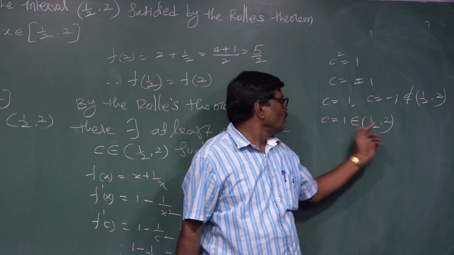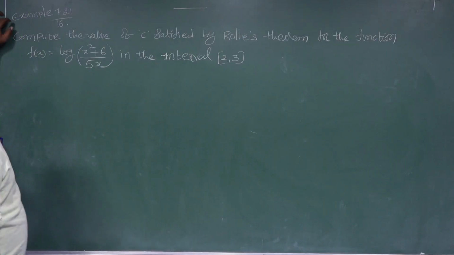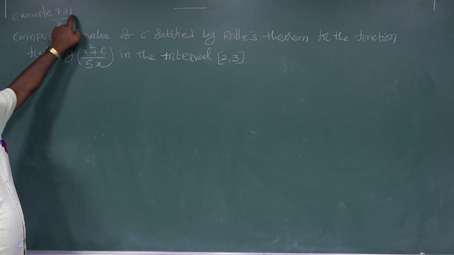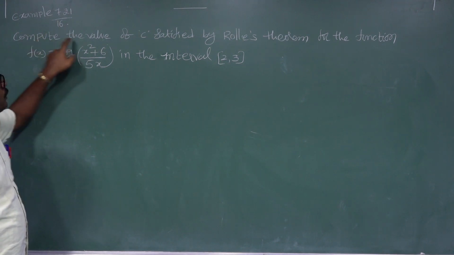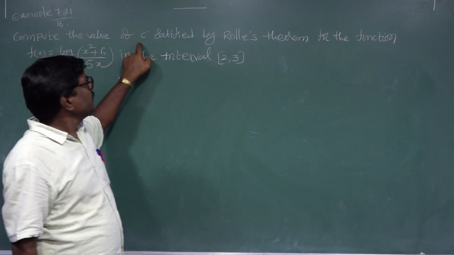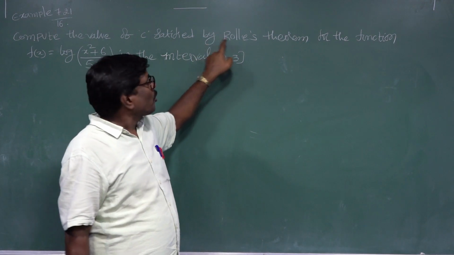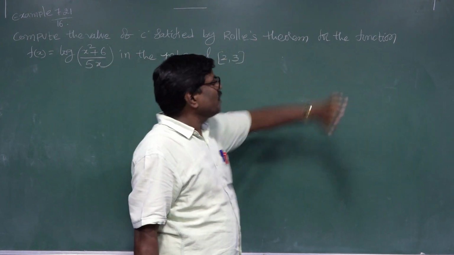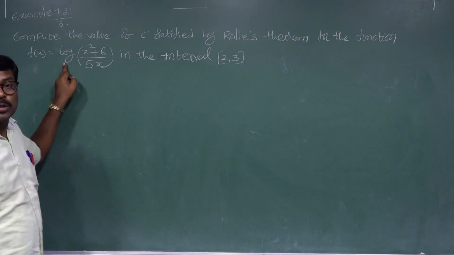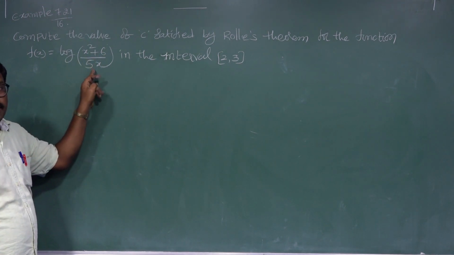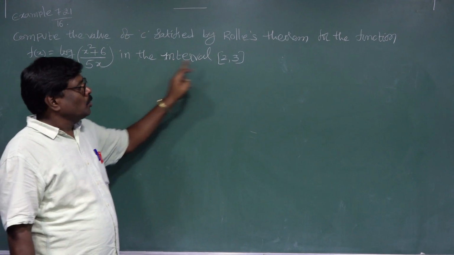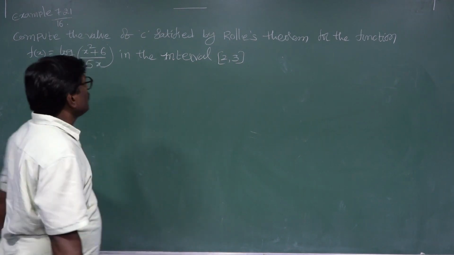Example 7.21, page number 16. Compute the value of c satisfied by Rolle's theorem for the function f(x) = log((x² + 6)/(5x)) in the interval [2, 3].